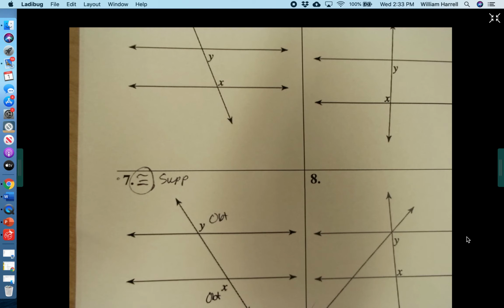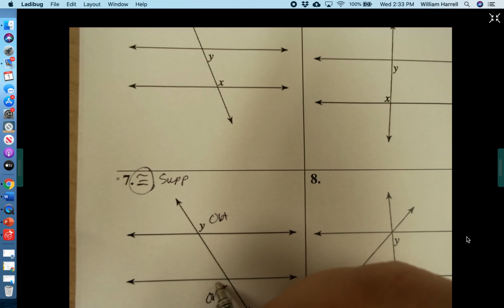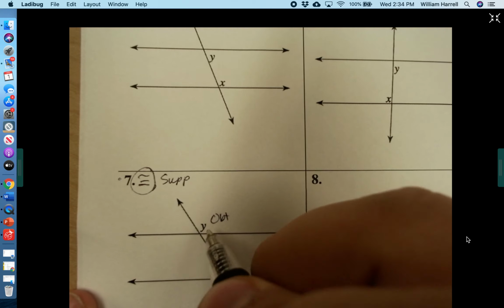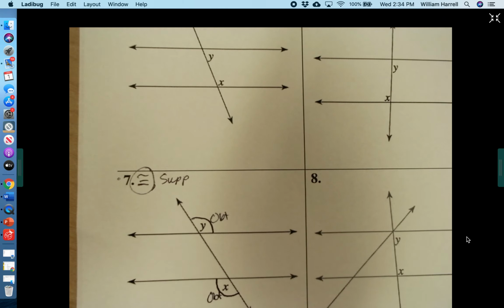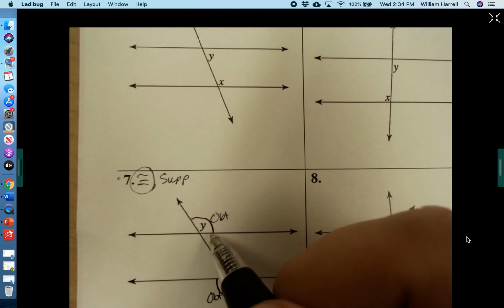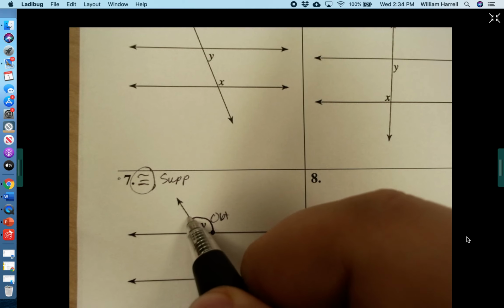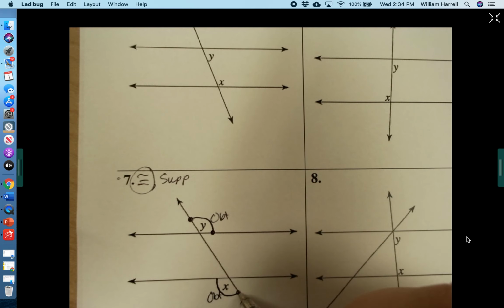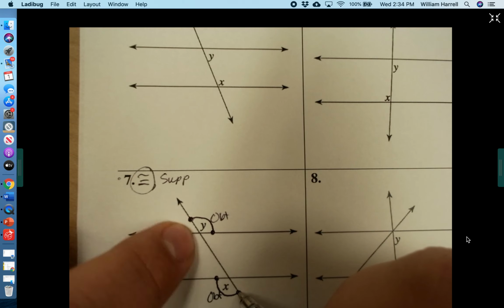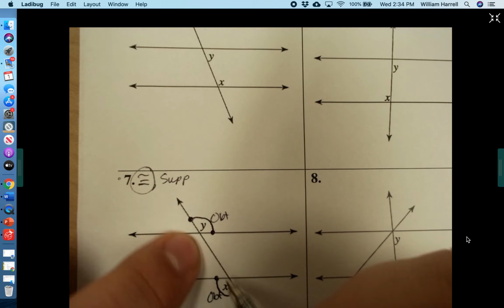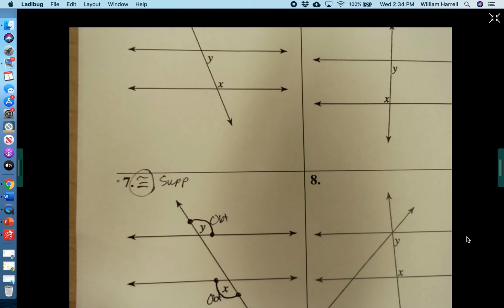Now I work on naming them. Again, when I work on naming them, I trap the angles, and I'm going to put a couple of dots. So my transversal touches both of the traps. Okay, so this is going to be my transversal.